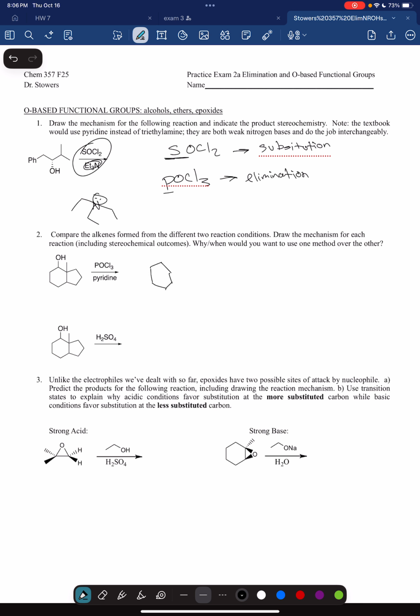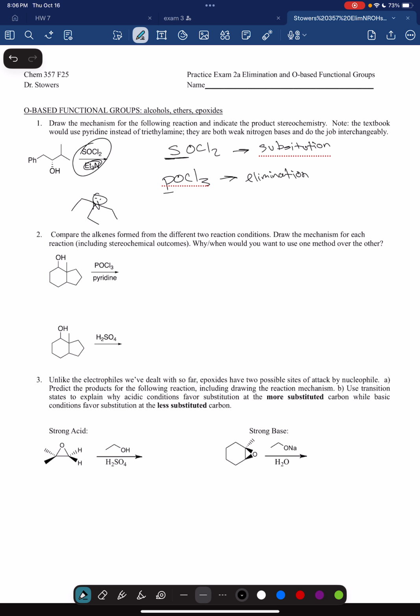I'm not going to draw the whole thing out. If you have trouble just memorizing how these reactants will affect a specific solvent or a specific reactant, then just draw out the full mechanism every time, even if it doesn't say you have to. Just so you take out all of the unsureness, all the guesswork, and then you can have the logical foundation for how the product is formed. That's what I would recommend for all the test questions.